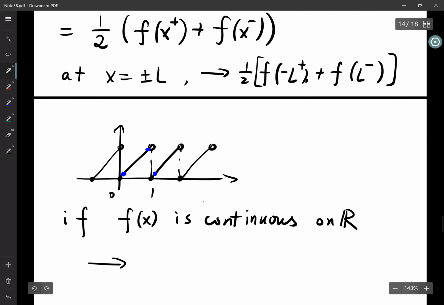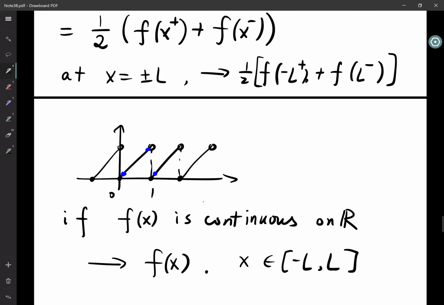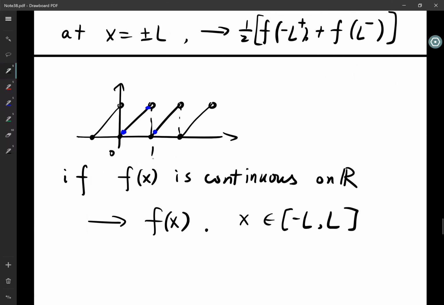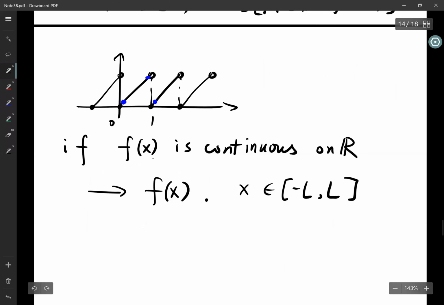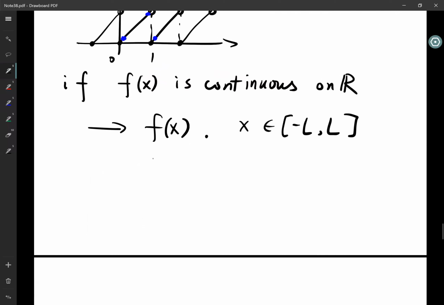So the Fourier series would converge to f(x) for any x from minus L to L, as you have seen before. But if it is discontinuous, all you can do is say, I want to be as good as possible here, and as good as possible here. So you just average them, and you will find that they converge to the middle for this particular point. Any question? It's maybe intuitive to understand, but the proof is beyond the content of this class.